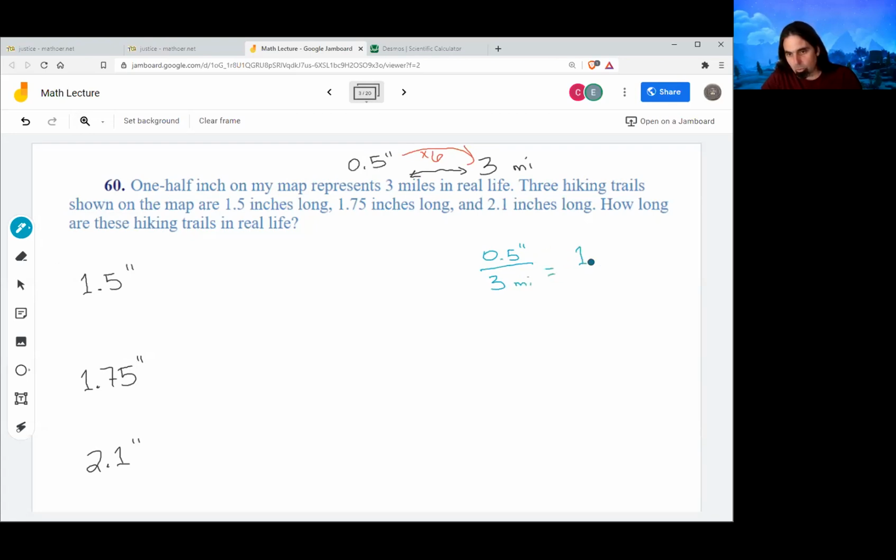And then 1.5 inches is how many miles, and do our cross multiplying. So we could do 3 different proportions where this side changes for each of the other numbers. But that's a lot of work. It's easier to just say whatever we're doing times 6 and getting how many miles it is.